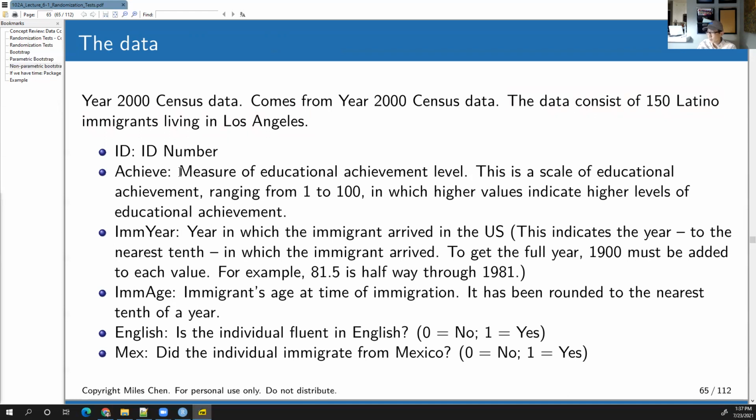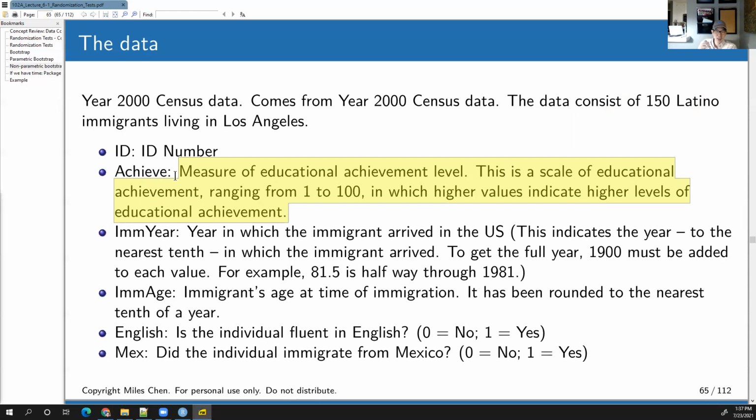Now, they have measured some educational achievement level, okay? And this is a scale of educational achievement ranging from 1 to 100, in which higher values indicate higher levels of educational achievement. Now, I tried to look up what exactly these numbers represent, and it's not revealed to us. So, if somebody graduates high school and ends their educational journey there, I don't know what number that is, okay?